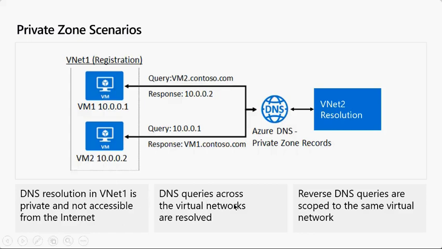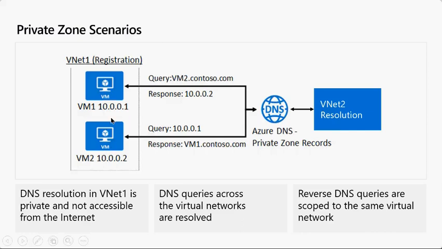DNS queries across the virtual networks are resolved only within the VNets, because VNets will have subnets and subnets will have VMs, and all VMs are getting registered with the DNS. Because it's linked with this DNS, every VM will automatically get a domain name, and as a result one VM can recognize the other VM, as if it is all the same family.